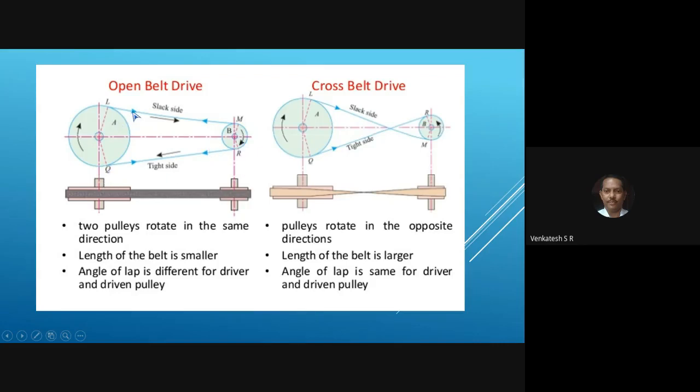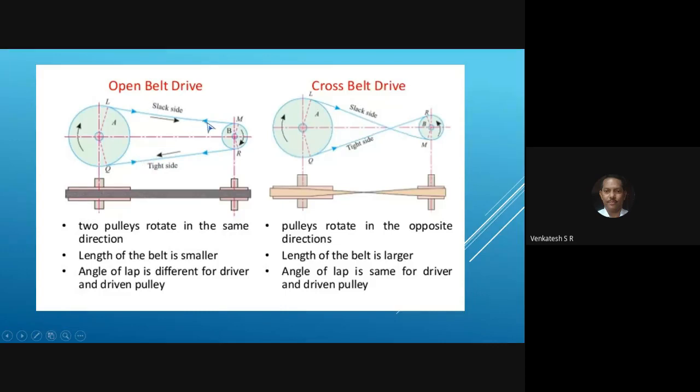See, the arrow mark indicates the direction. Here they have made a mistake. You show the same direction of rotation; show both the arrows in the same direction.